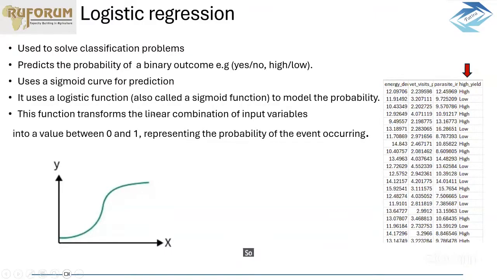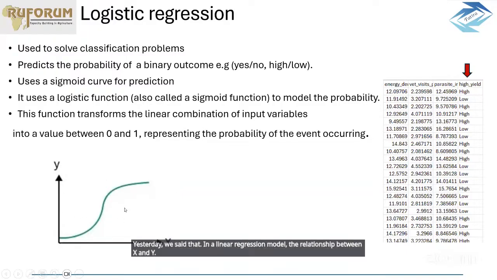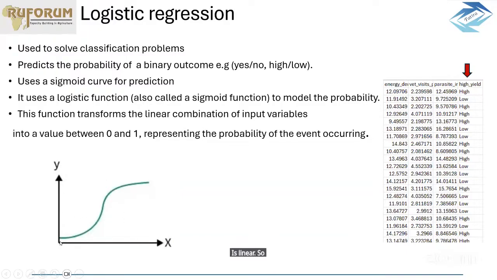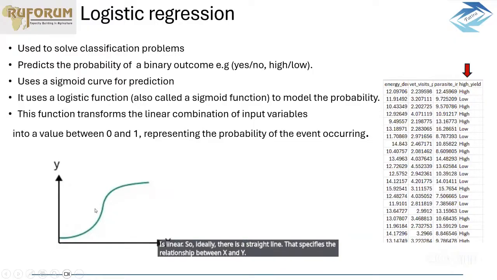So the logistic regression model specifies relationships between X and Y. Yesterday, we said that in a linear regression model, the relationship between X and Y is linear. So ideally, there is a straight line that specifies the relationship between X and Y, where you can predict, for example, the slope of that line.